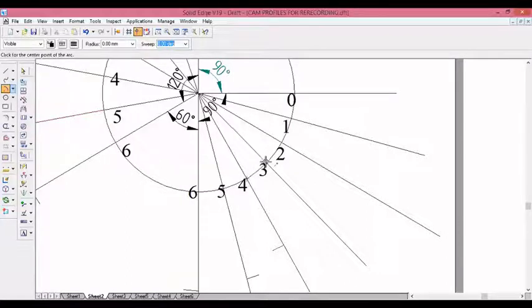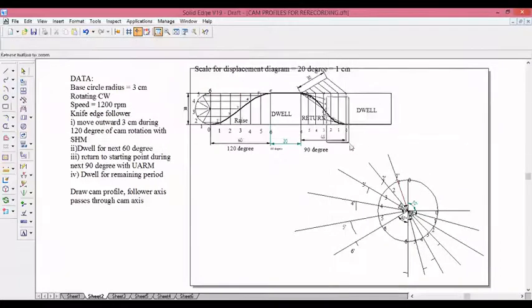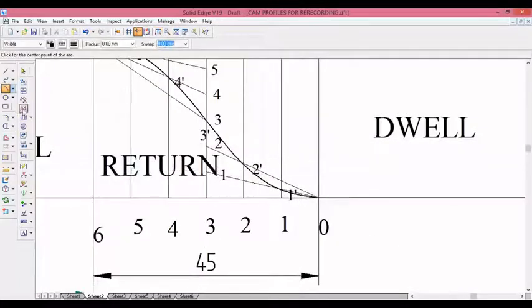So directly we can draw 15. And similarly measure 2 to 2 dash and 1 to 1 dash using compass.